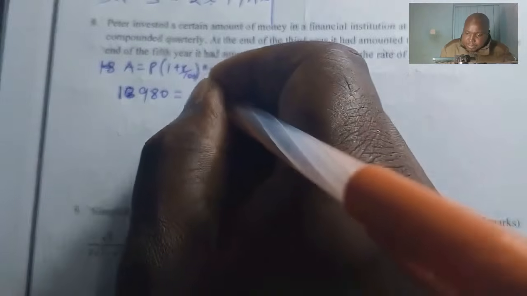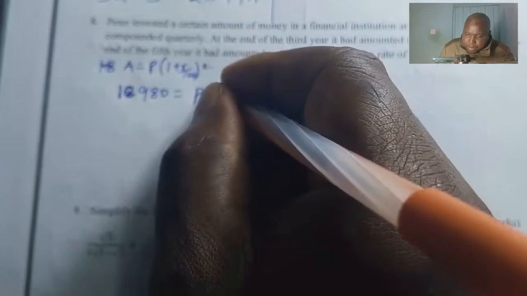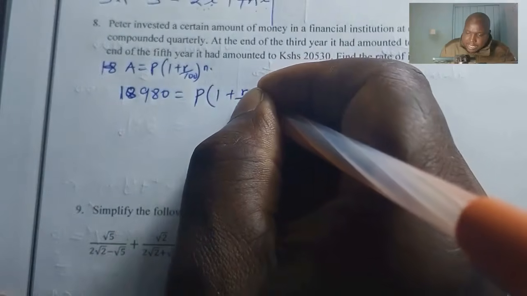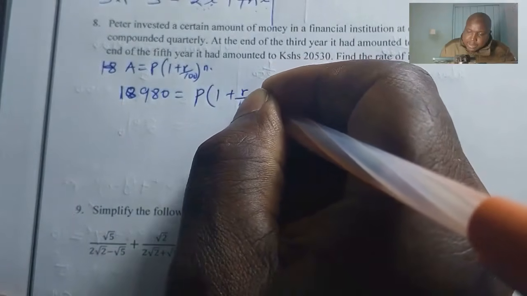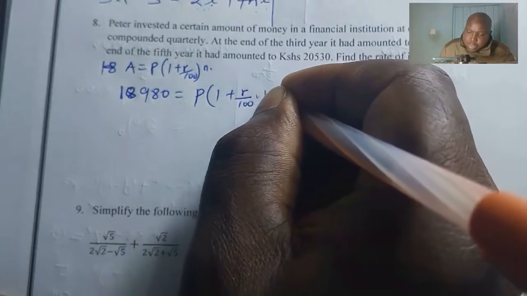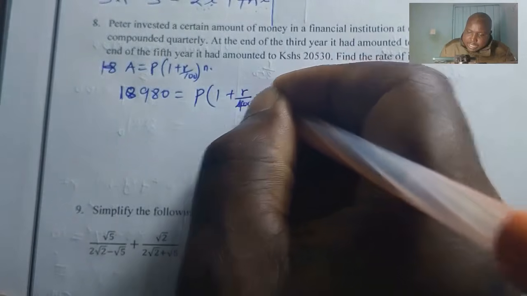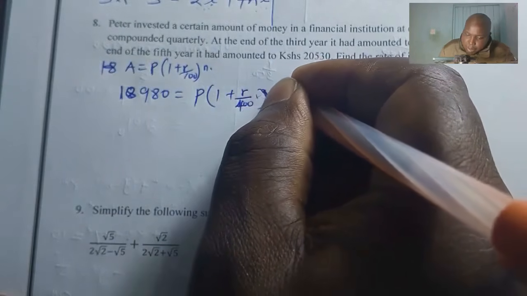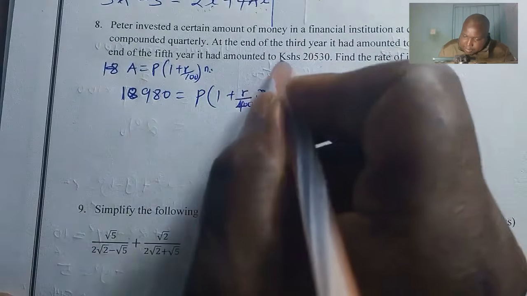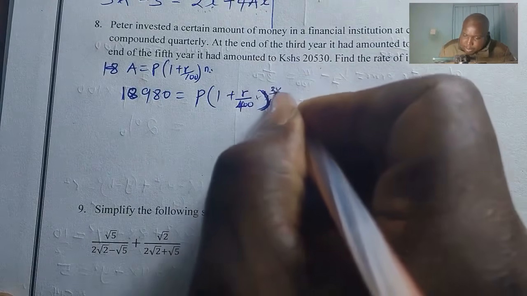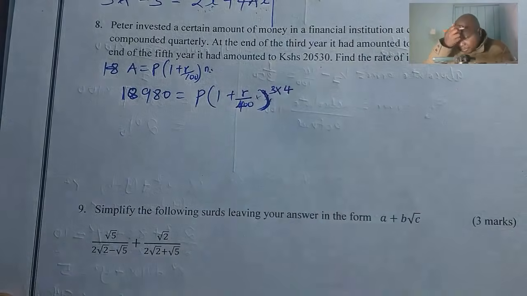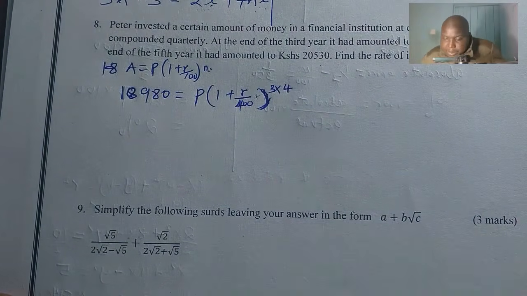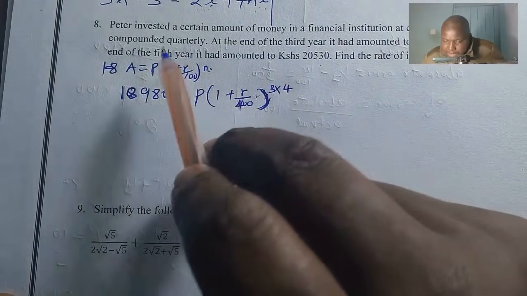Principal we don't have. 1 plus R over 100 times 1 over 4, so this is going to be 400, raised to power n, and our n is 3 times 4. I'm doing this because it is compounded quarterly.